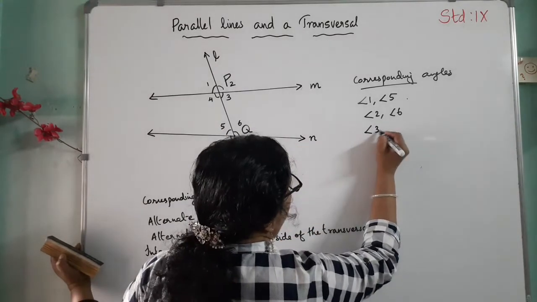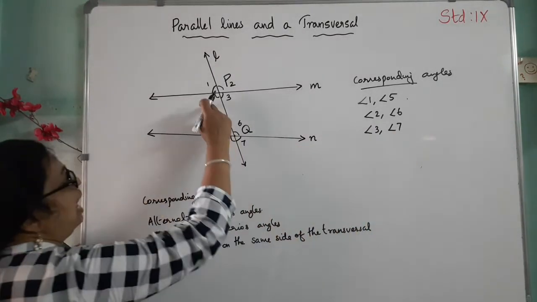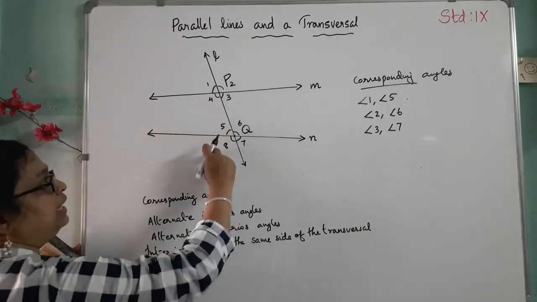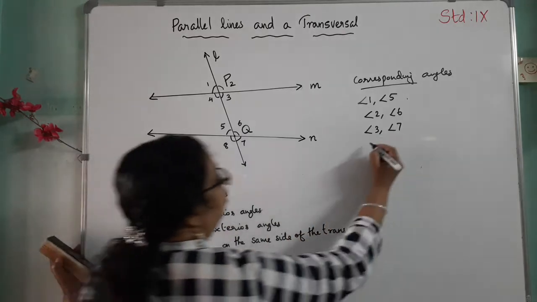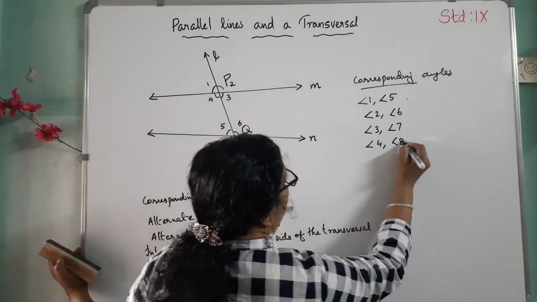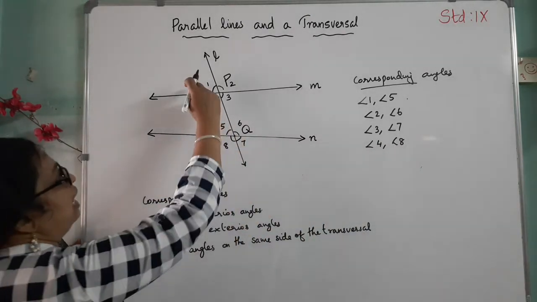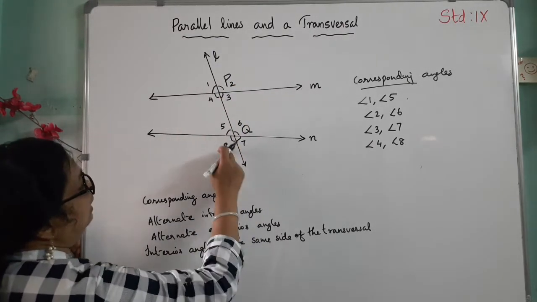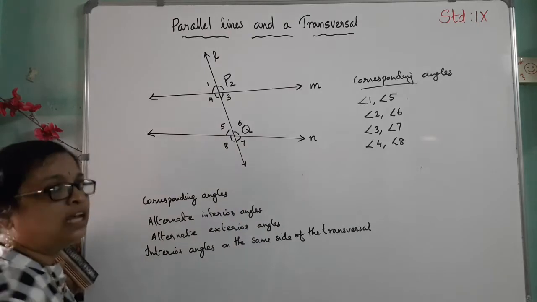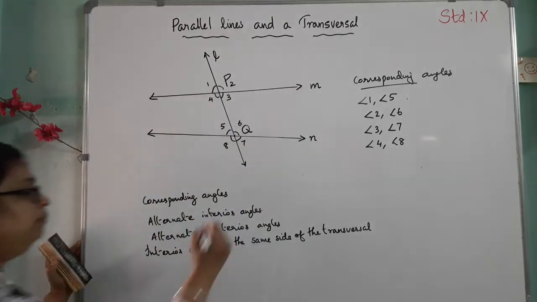Then next angle 4 and angle 8. 4 and 8 are on the left side of the transversal and below the lines. So the corresponding angles are 1 and 5, 2 and 6, 4 and 8, 3 and 7. These are called corresponding angles.